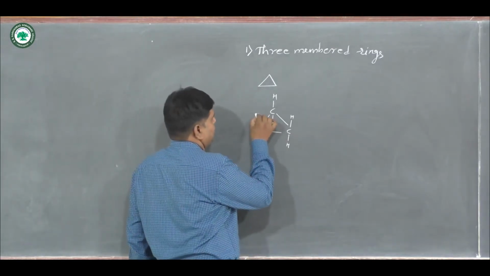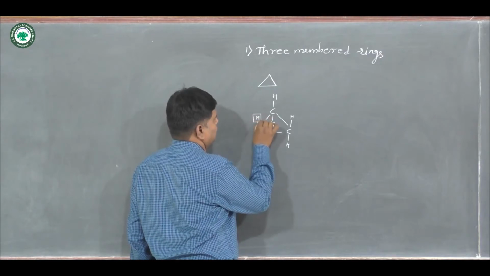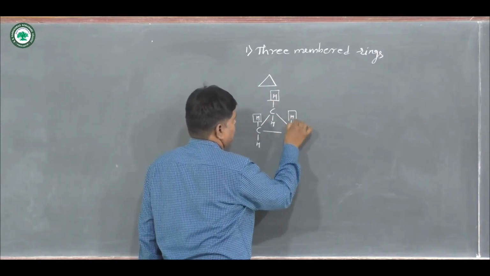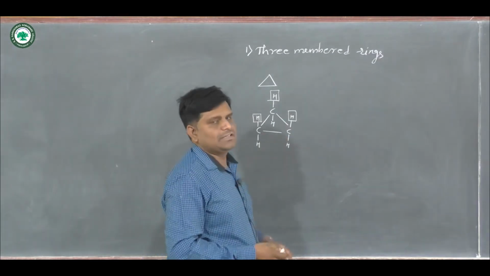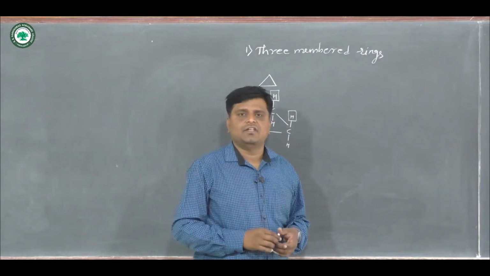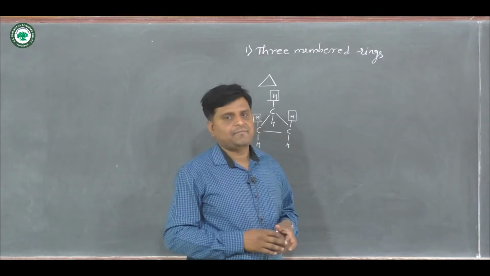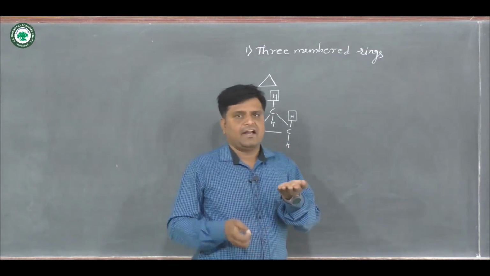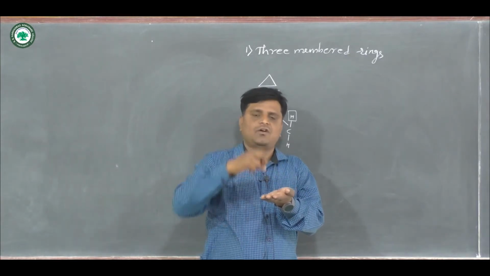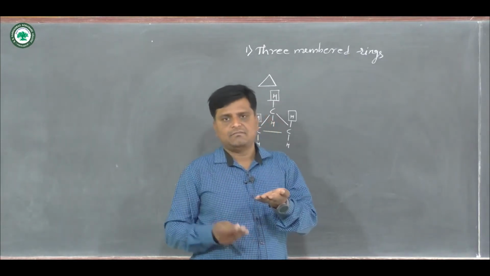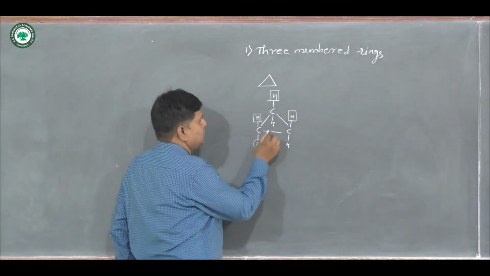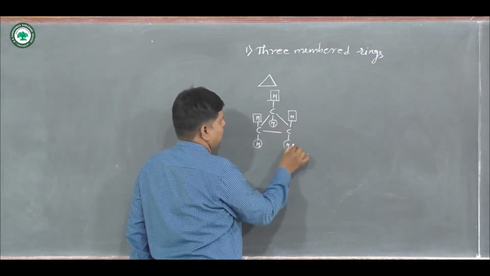Here I have squared these 3 hydrogens which are on the same side. These 3 hydrogen atoms are above the plane, or on the beta side. Suppose this is a plane: 3 hydrogen atoms are on the same side, the beta side, and the remaining 3 hydrogen atoms, which are circled, are on the alpha side.